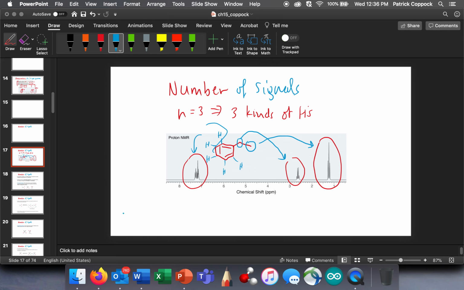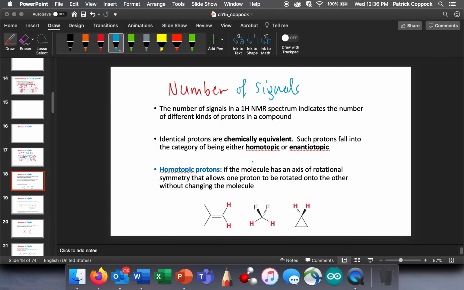Now let's get a little more detailed, all right? Because we have a very sophisticated apparatus, the nuclear magnetic resonance apparatus, which will give us super precise measurements. So let's get a little more precise than that. The number of signals in a proton NMR spectrum indicates the number of different kinds of protons, which we said previously. Now we're going to call those chemically equivalent protons, all right?